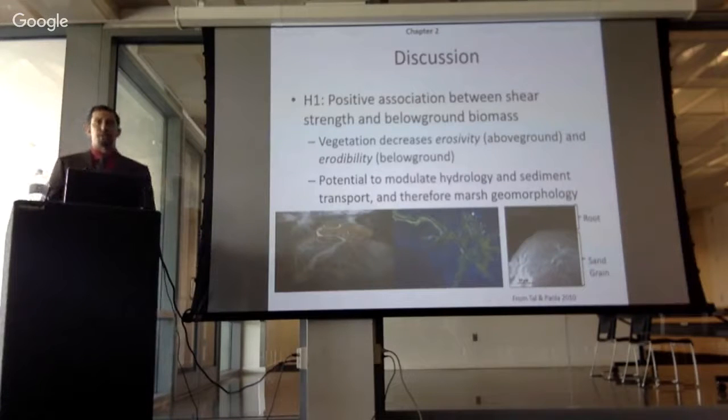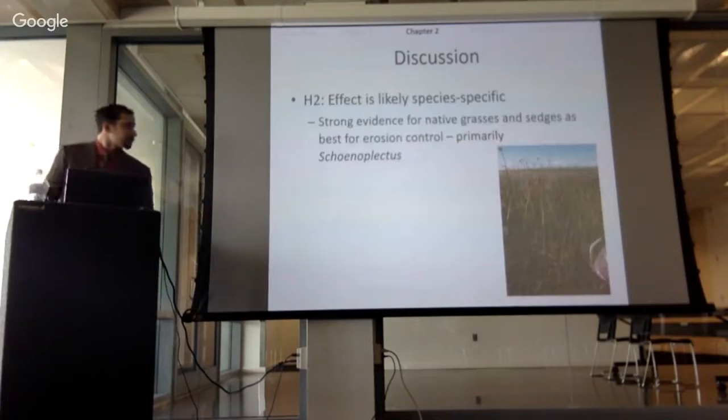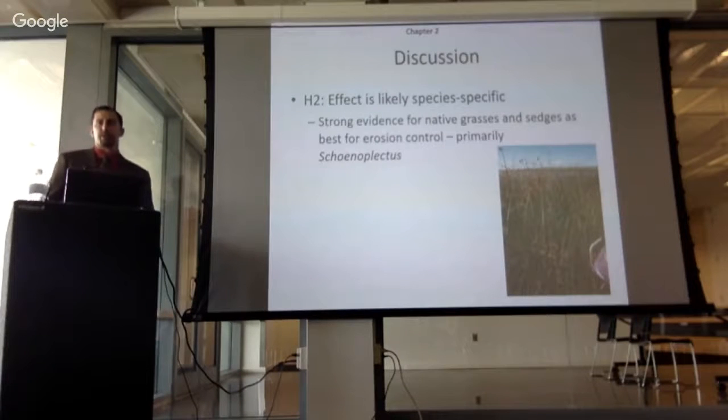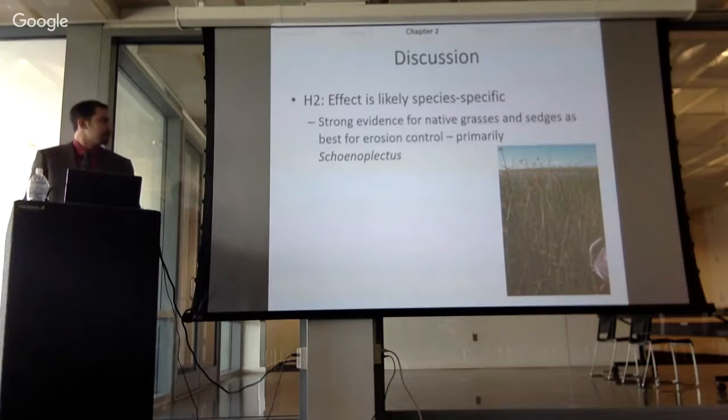That in turn affects where new plants can grow, so there's a potential feedback effect that definitely warrants further study. Additionally, we definitely found strong evidence for those native sedges and grasses, especially Schoenoplectus, because it's so dominant out there, as one of the best plants for erosion control.